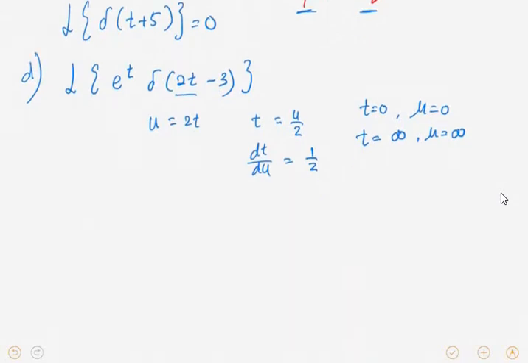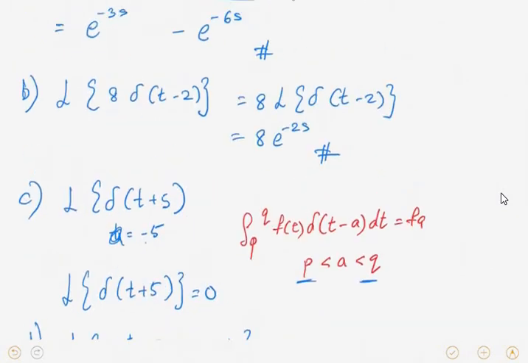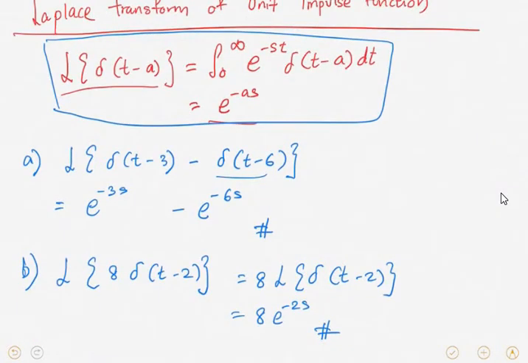Okay, now we continue from here. For the Laplace transform, we change every t to u over 2 and change the 2t to u. Now you have e to the u over 2 times delta(2t) substituted with delta(u minus 3). Just now we talked about the formula for the Laplace transform of the unit step function.